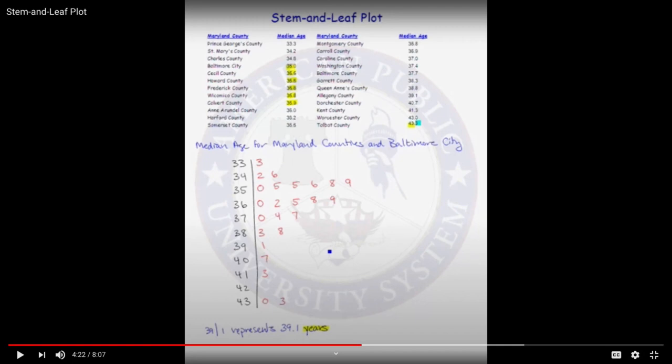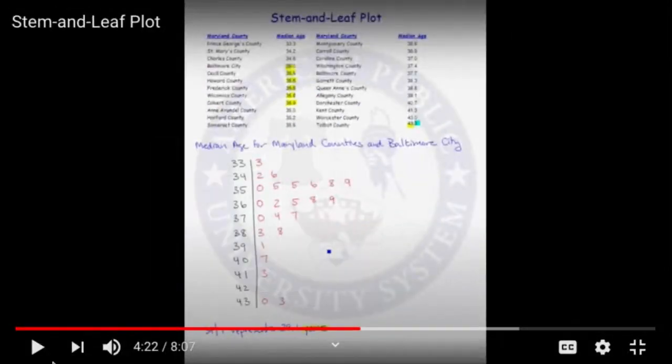There can be more frequencies on the left side or more frequencies on the right side, which would not end up giving you a normally distributed graph. So this one looks like it's skewed from the left side from like 33 to 38, whereas from 39 to 43, you only have one or two values. You can certainly see that from a frequency histogram as well. All right, sorry, I'll just continue.